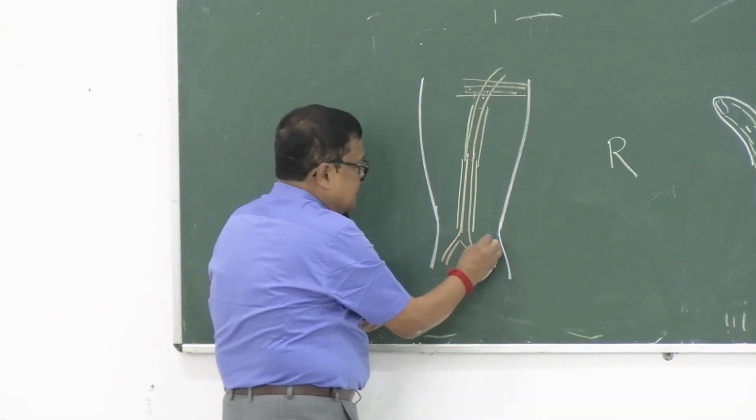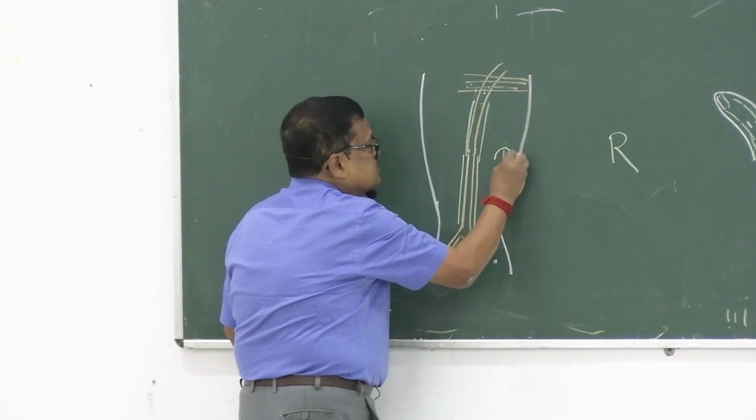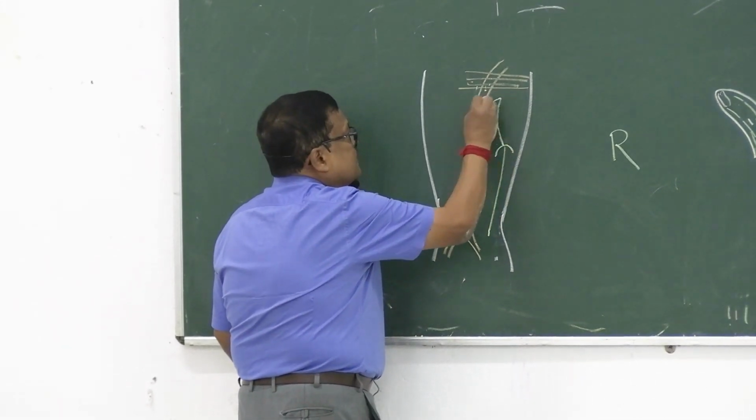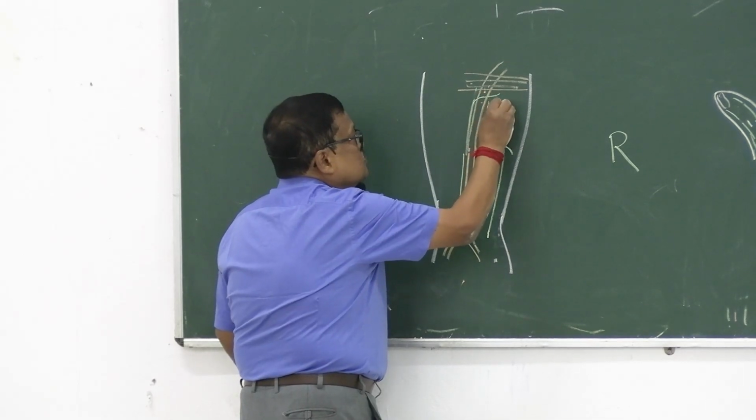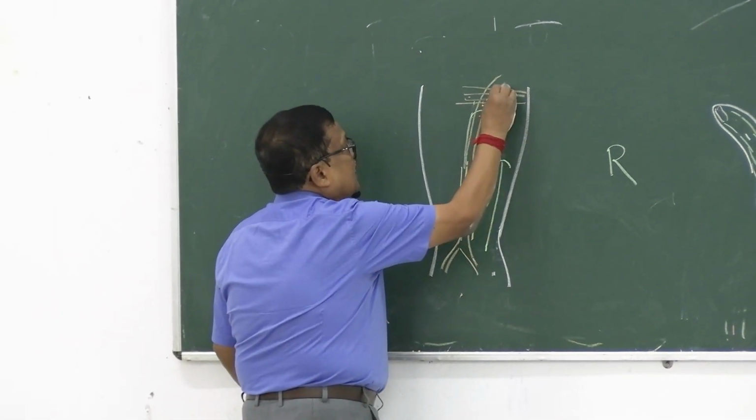And the basilic vein goes side by side. It pierces the deep fascia here and goes deeper. At the lower border of the teres major, these three veins join together to form the axillary vein.